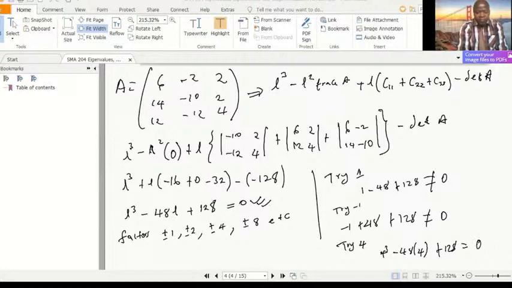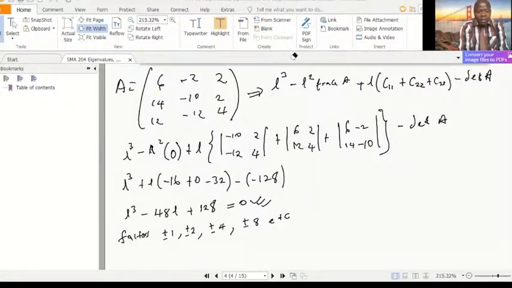So that means that 4 is a root to this equation. The first eigenvalue, lambda 1, is 4.